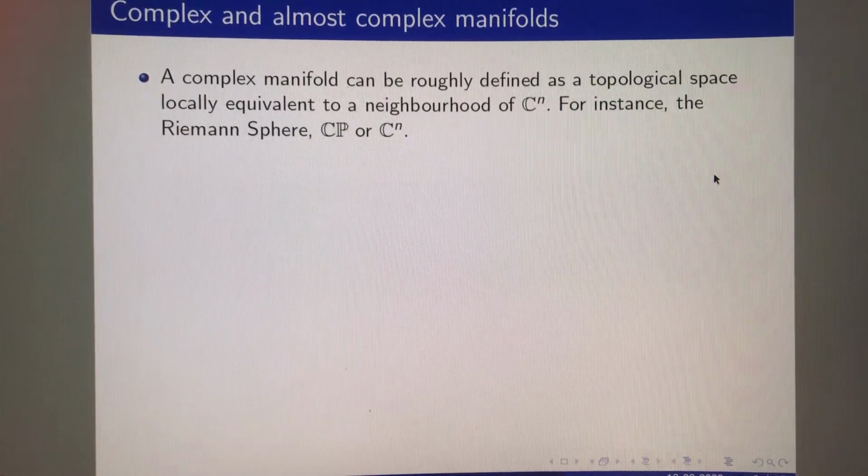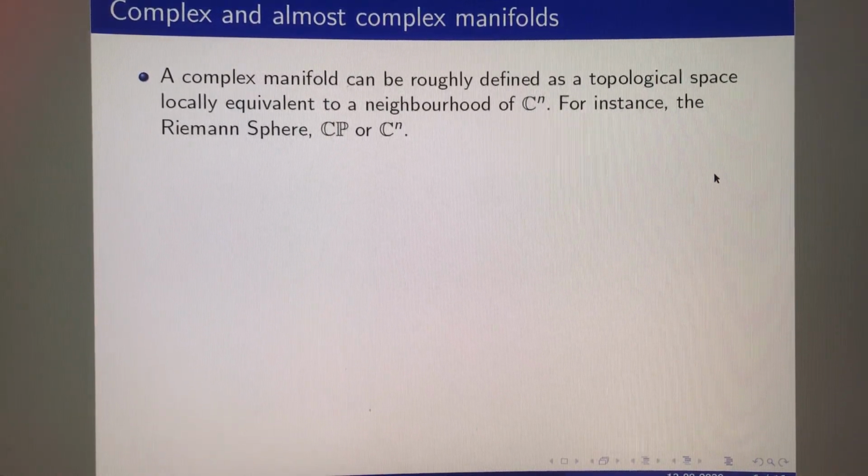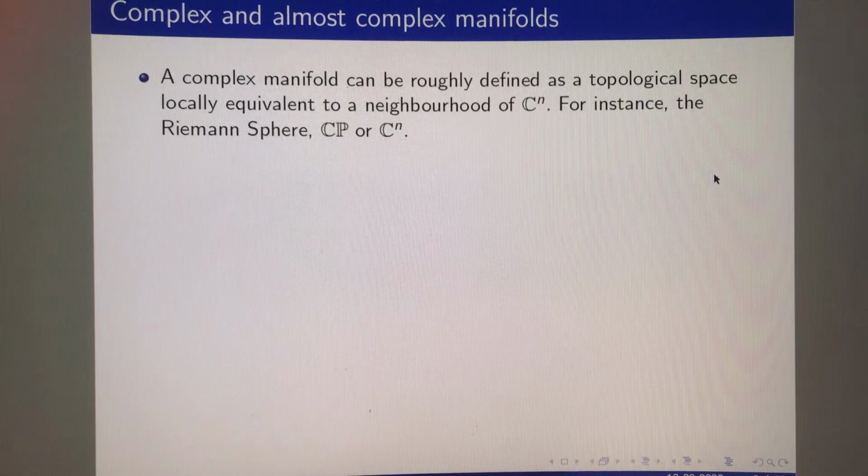For example, Cn itself is a complex manifold, and so are the complex projective space, the complex projective plane, or the Riemann sphere.